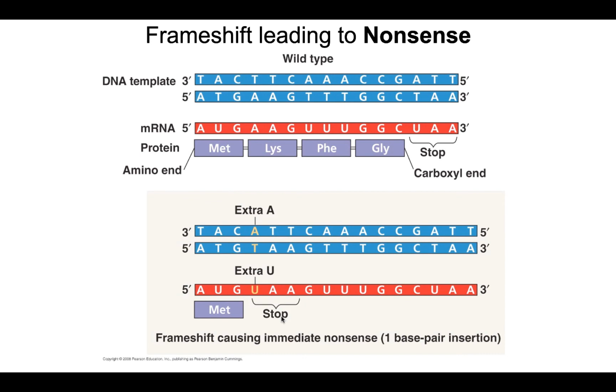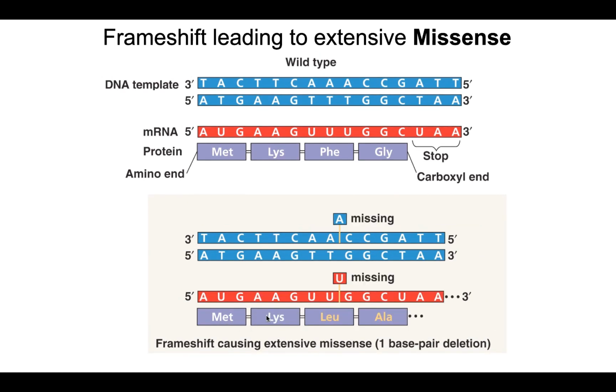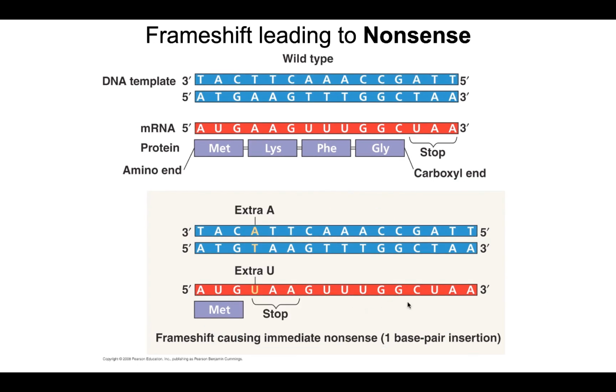Okay? So these insertions and deletions can lead to frameshift mutations, giving rise to lots of missense, and then it can also give rise to a nonsense as well, premature stop codons.